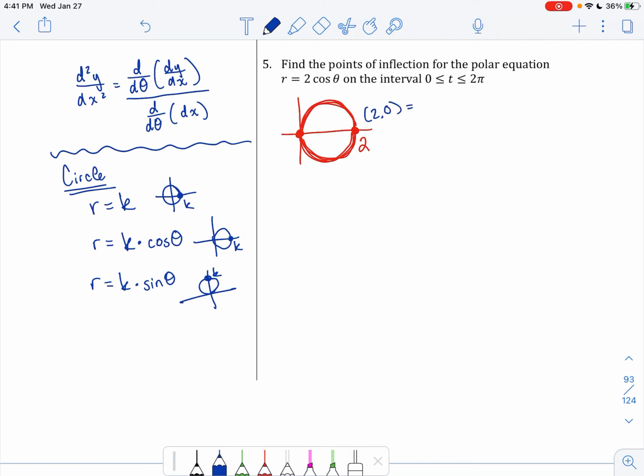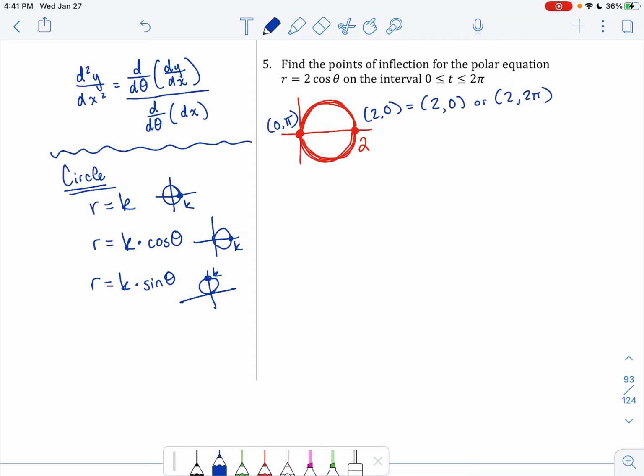Since it's between 0 and 2 pi, the radius is 2, and the angle measure would be 0 or 2 pi, since we think about the unit circle going around. The other point here has a radius of 0 and an angle of pi as we go around like so.